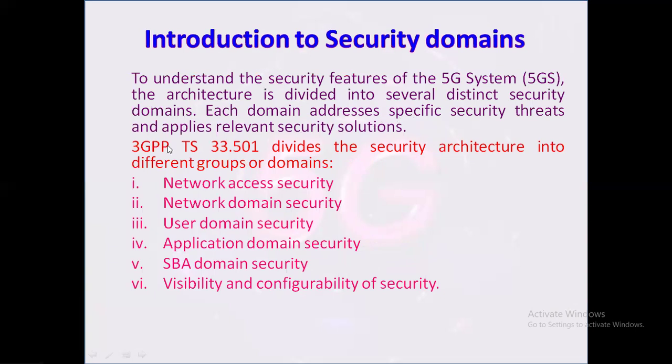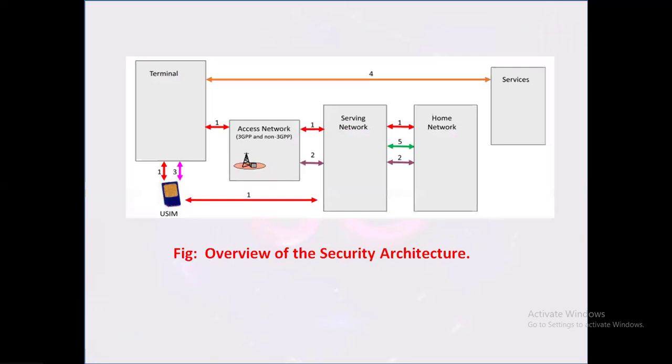The 3GPP TS 33.501 divides the security architecture into different groups or domains. There are 6 domains: network access security, network domain security, user domain security, application domain security, SBA domain security, and visibility and configurability of security. We'll see one by one.